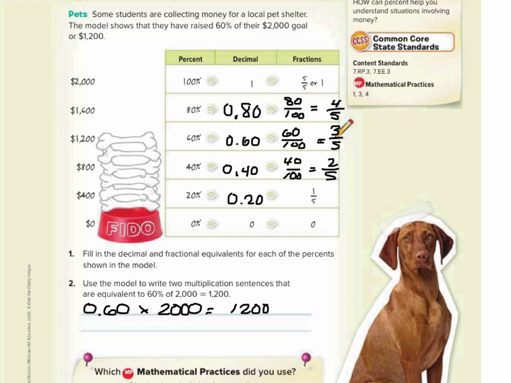And we could also write the fractional method, 3/5 times 2,000 also equals 1,200. So as we look to find the percent of a number today, we can do so using both fractions and decimals.